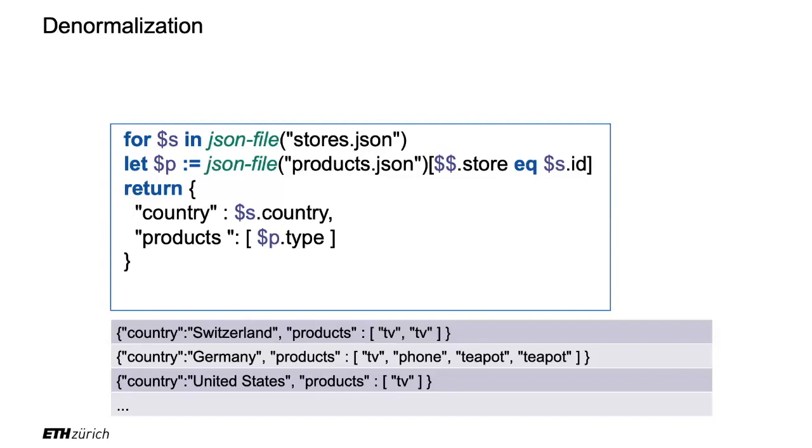For every store with the let clause, I select just the products that match the store, right? And then for every store, I list them, p.type. So in Switzerland, there are 2 TVs. In Germany, there's a TV, a phone, a teapot, and another teapot. And in the US, there's a TV. This is now denormalized because I have nested strings in the array, right? This is called denormalization. You cannot do that with SQL.